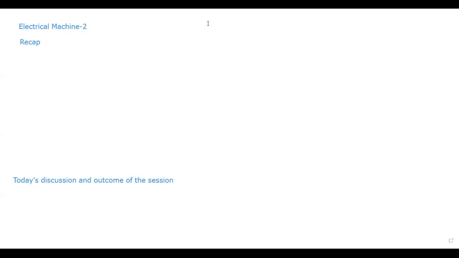So let me give a summary of the last session. We started the discussion on the starting, or we can say working, of induction motor. Then we discussed about the synchronous speed and the slip.